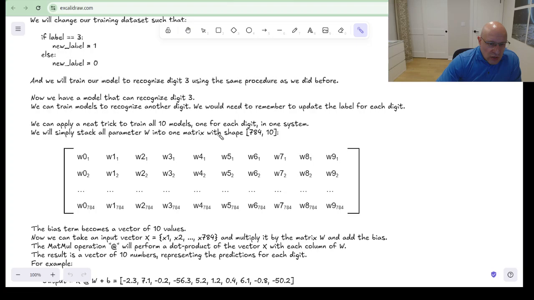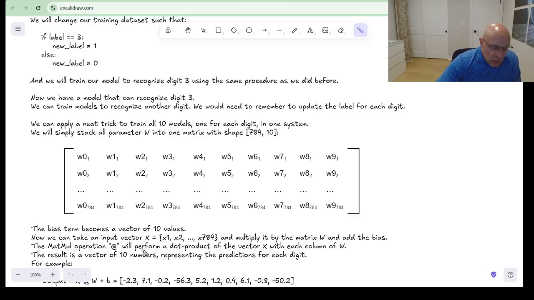Then for the biases, again, we have 10 biases, one for each recognizer. For each digit, we have its own bias. So the bias term now becomes a vector. Previously, it was a single number. Now it's a vector of 10 values. Now, what linear algebra allows us to do is perform this matrix multiplication operation, which we already saw, also called the dot product.